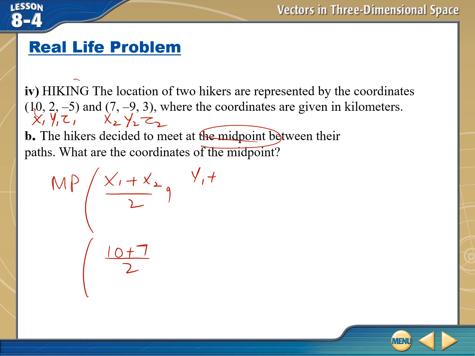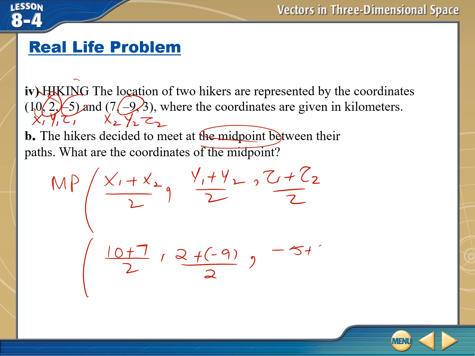And then (y1 plus y2) divided by 2. So our y1 is 2 plus y2 is negative 9, divided by 2. Then (z1 plus z2) divided by 2. So our z1 is negative 5 plus z2 is 3, divided by 2.